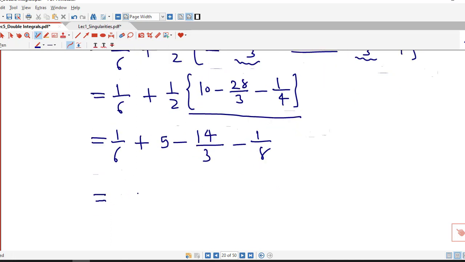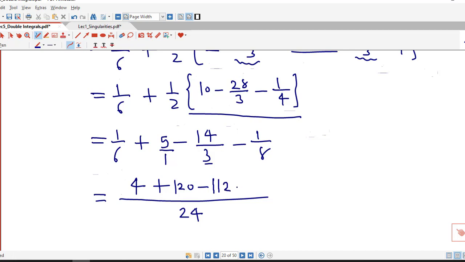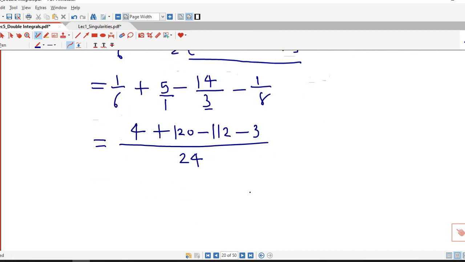So now we take LCM of 3, 8, 6, which is 24. Here I have 6, so I have to multiply with 4. Here I have 1, so I have to multiply with 24. 24 into 5, that is 120. Here I have 3, so I should multiply 14 with 8. 14 into 8 is 112, and here I have 8, so I multiply with 3.